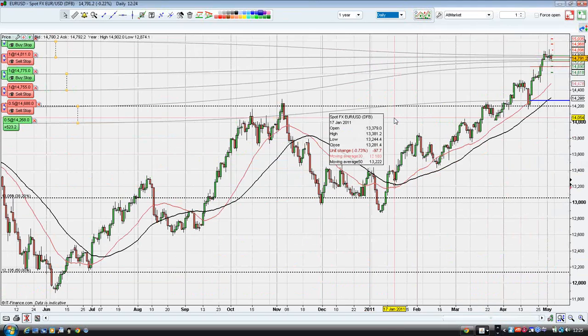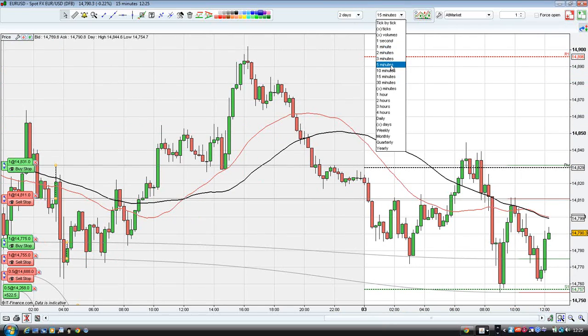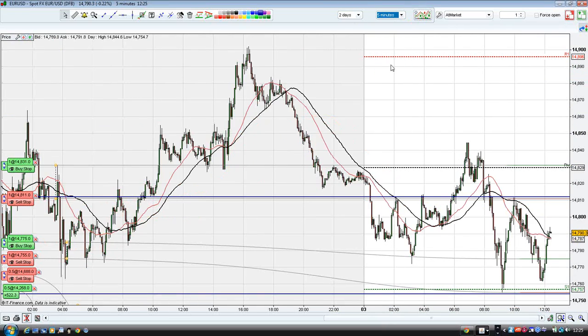So I looked at this one first, and then I went to the 2-day one. You say it was uptrending, so were you reluctant to buy? The 1 year chart is uptrending.